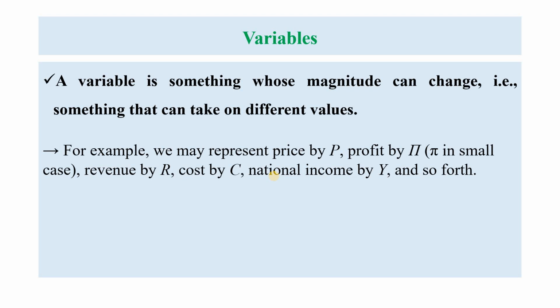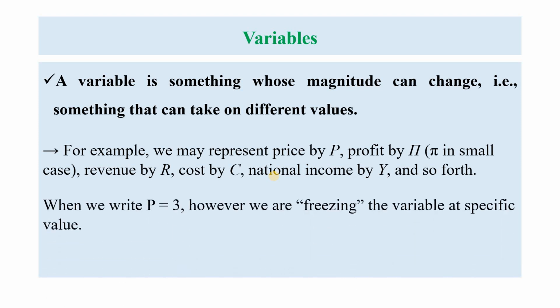Since each variable can assume different values, it must be represented by a symbol. For example, we may represent price by P, profit by pi, revenue by R, cost by C, national income by Y, and so forth.